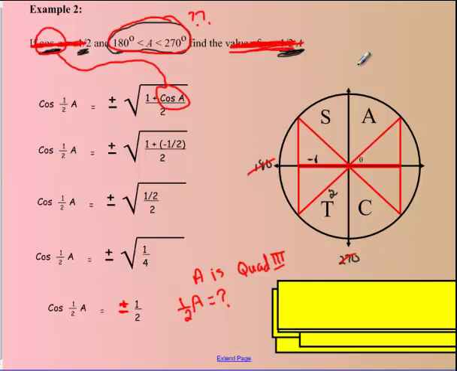Well, half of 180 brings me to 90, and half of 270 brings me to 135. So this is where this half angle is. It's in between 90 and 135. Well, who cares? We don't want to know the angle specifically. We just want to know what quadrant it's in. It's in quadrant 2. Oh, quadrant 2 again. Sine is positive, therefore cosine is negative. So I can say my final answer is the cosine of this half angle is negative 1/2.